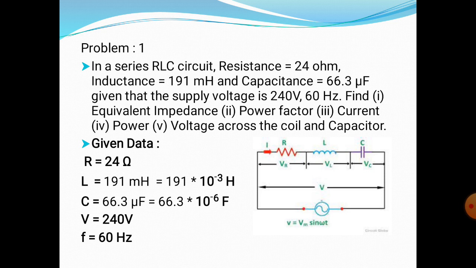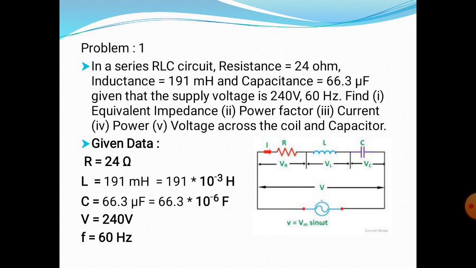Inductance L is equal to 191 millihenry, converted into Henry is 191 into 10 power minus 3 Henry, and capacitance C is equal to 66.3 microfarad, converted into farad, that means 66.3 into 10 power minus 6 farad. And voltage V is equal to 240 volt. Frequency F is equal to 60 hertz. These are the values given in this problem.